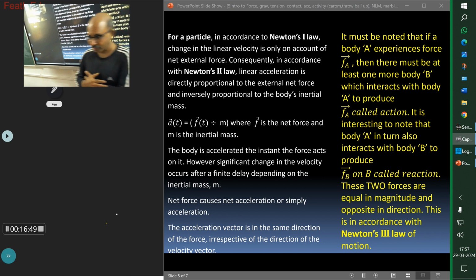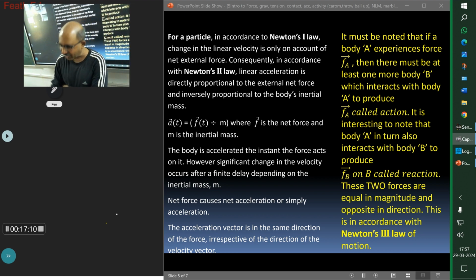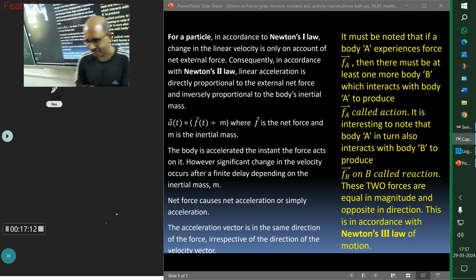But where did this force come from? In this case I am pushing. In the case of moon and earth, the gravity of the earth is holding the moon. Understood, all of you? So there are different forces. Here we will not talk about different forces. What we will only say is, if one body is experiencing force, then there must be another body to apply force. The same body cannot apply force on itself.